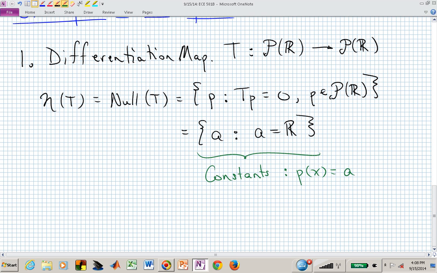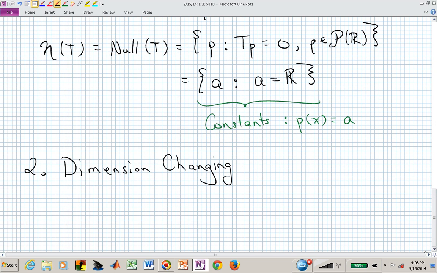What's another example? Suppose we look at dimension changing, where the map T, let's say, takes us from 3 space to 2 space.